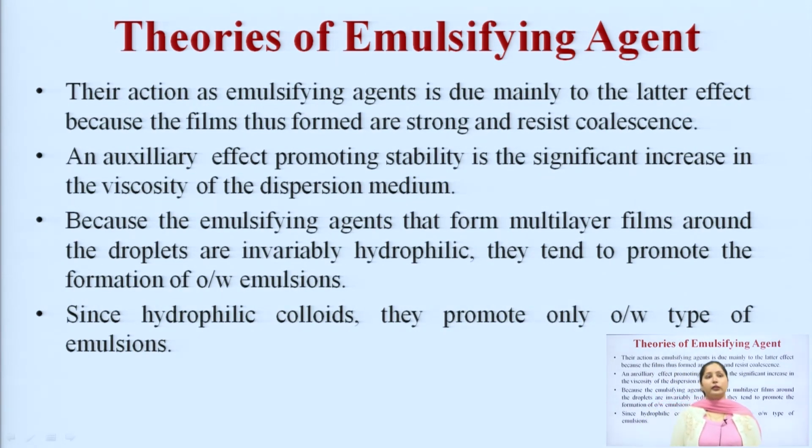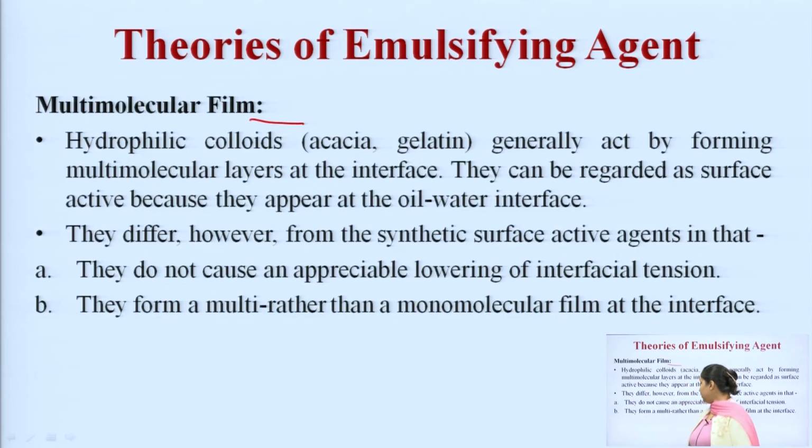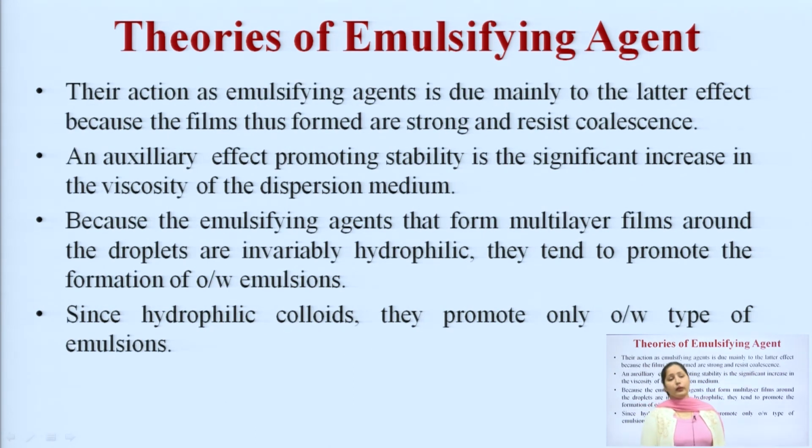Their action as emulsifying agent is due mainly to this latter effect, because the films thus formed are strong and resist collision. So the function of the emulsifying agent is mainly due to this reason, that they form multiple layers at the interface rather than reducing the interfacial tension.